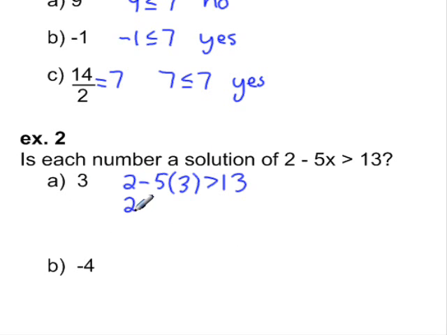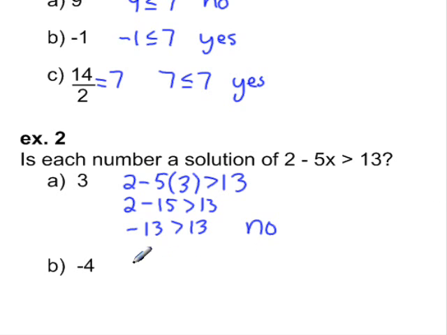And follow order of operations. 5 times 3 is 15. And 2 minus 15 is -13. Is this a true statement? Is -13 greater than 13? That is definitely a no. It's not a solution. It doesn't work. That's an untrue statement.